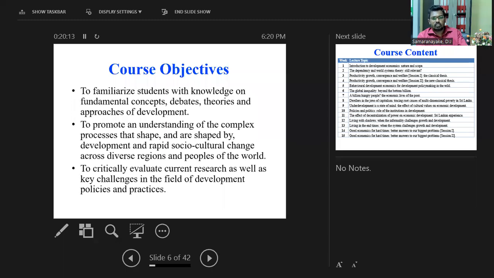We have a variety to deal with, and critical evaluation is also very important. So you need to critically evaluate things, especially current research outputs.